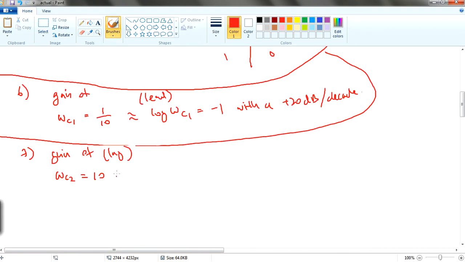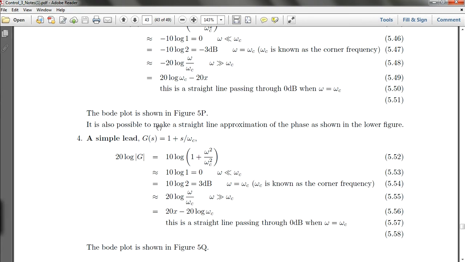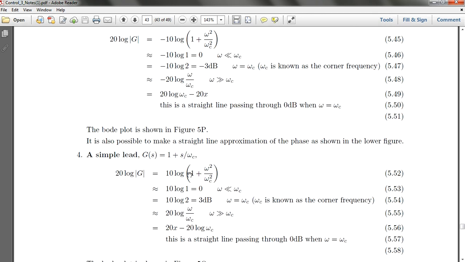Then taking the logarithm again, log 10 gives 1, with a minus 20 dB per decade. I have explained why it is minus 20, because omega divided by omega c is simply the ratio.